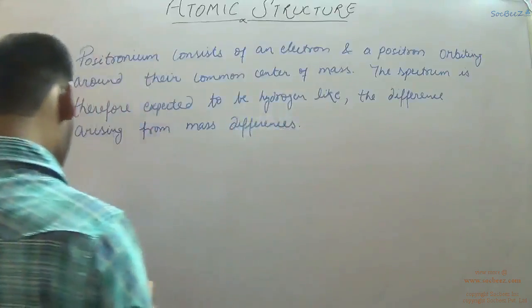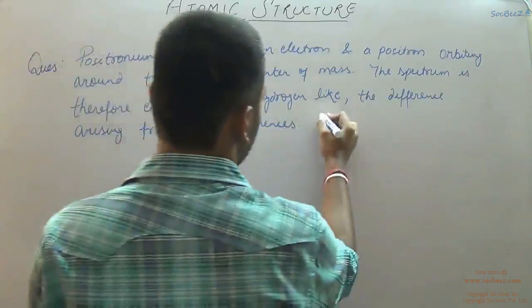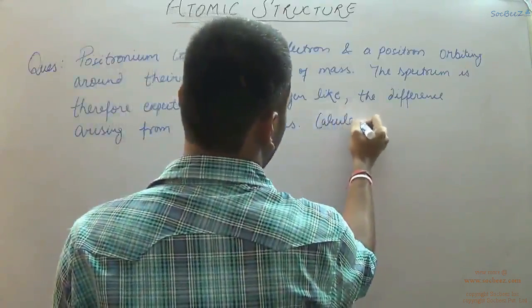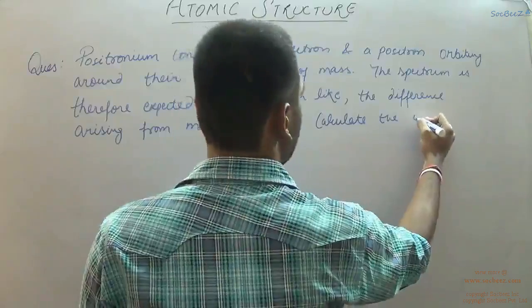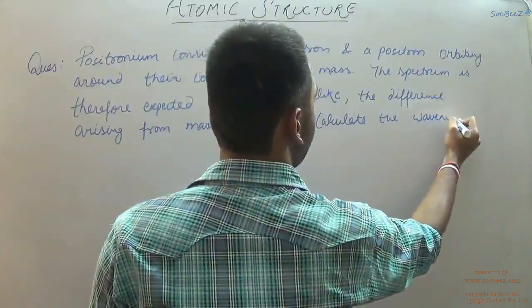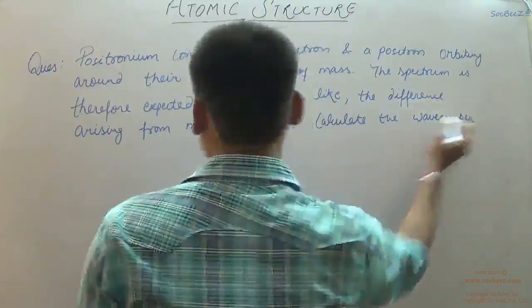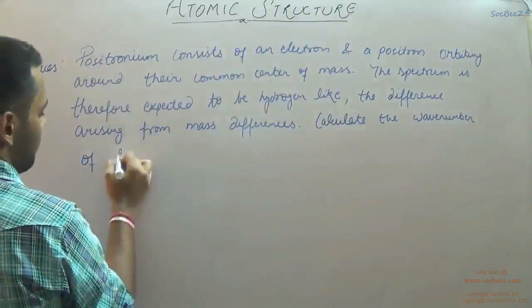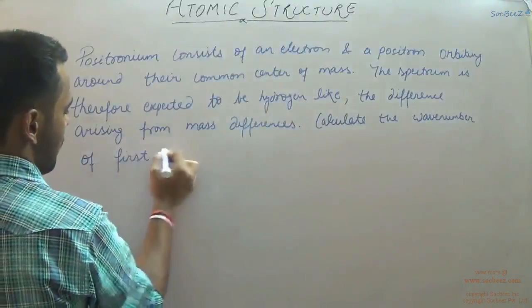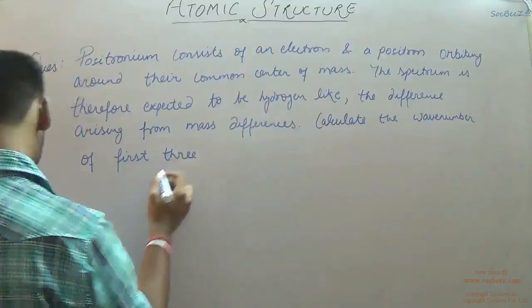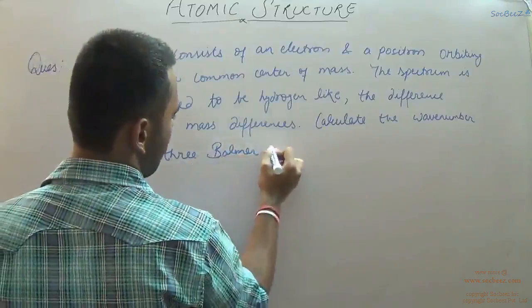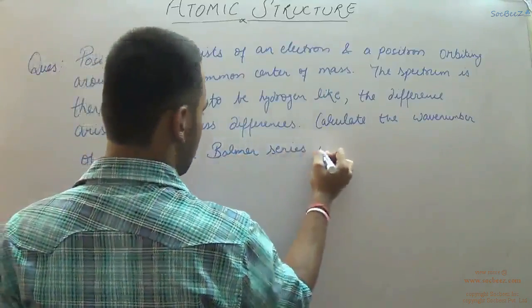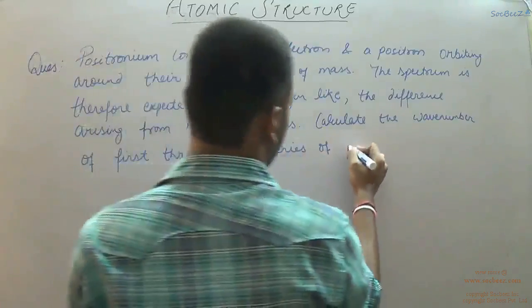Calculate the wave number of the first 3 Balmer series lines of positronium.